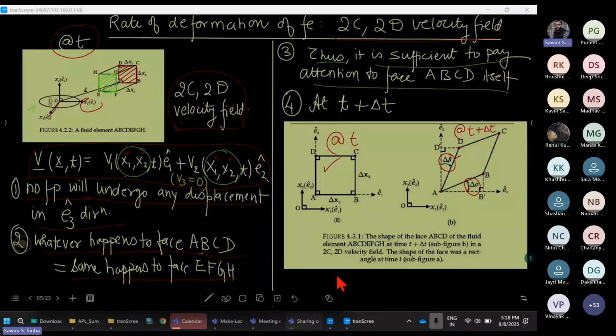There are only two relevant angles. In the 3D case, I had 6 relevant angles, delta alpha 1, delta beta 1, delta alpha 2, delta beta 2, and so on. Here, only two relevant angles. Again, notice that the way I have drawn the directions of delta alpha and delta beta, one is counterclockwise, the other clockwise.